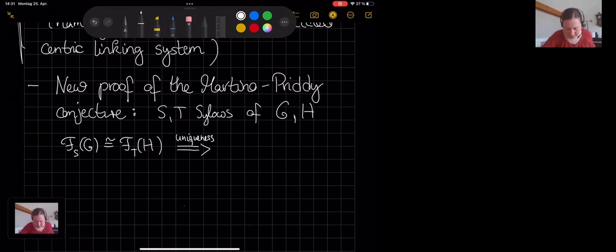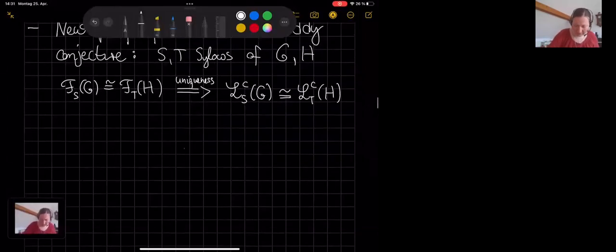Unique means, of course, up to a suitable notion of isomorphism. So that means, since one can show that these are actually centric linking systems in the abstract sense, that LSC of G is isomorphic to LTC of H. So they are in particular isomorphic as categories.